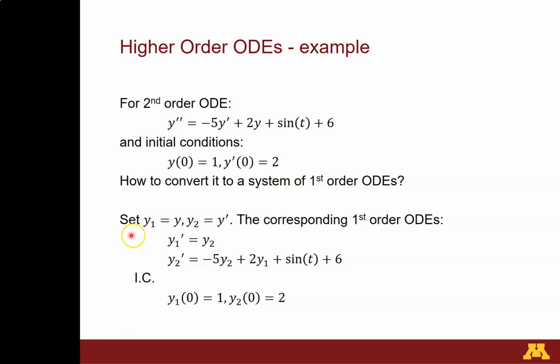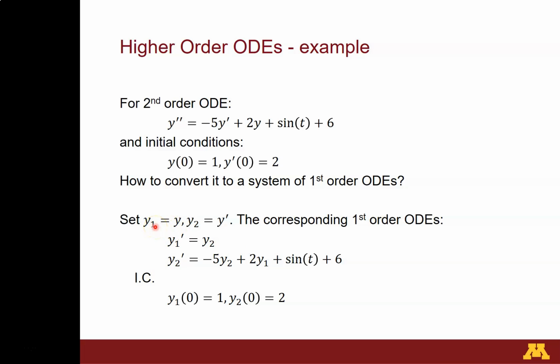We need to set y1 equal y and y2 equal y prime. Then the second order ODE becomes two equations of first order ODE. Right? Say here y1 equal y.